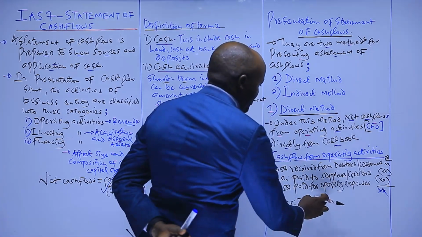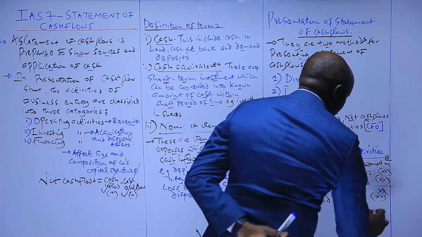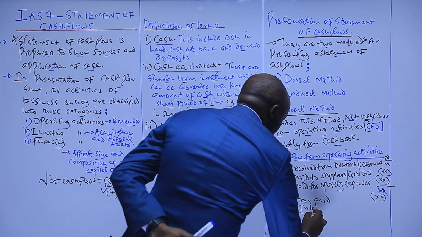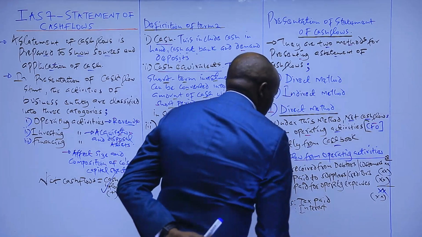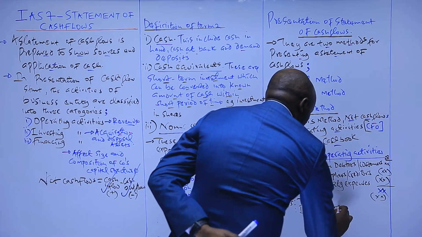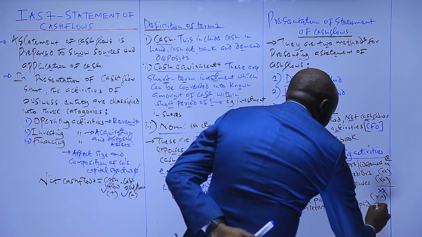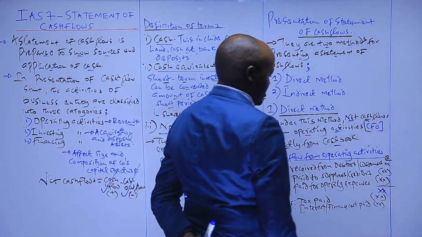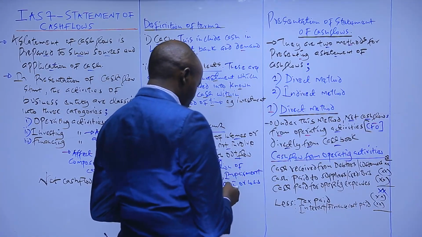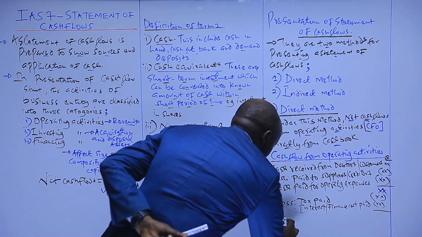And actually, the reason why we less the tax paid is because once the company pays a tax, that is still cash outflow. And then we less the interest or the finance cost paid. So interest or finance cost paid. And then what we get down there is now what we refer to as the net cash flows from operating activities.